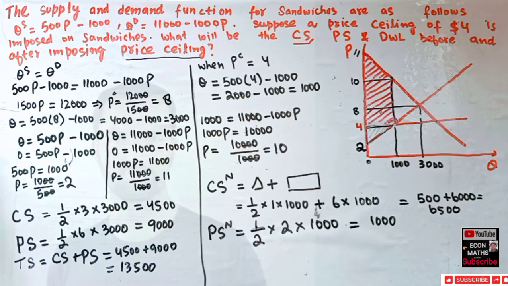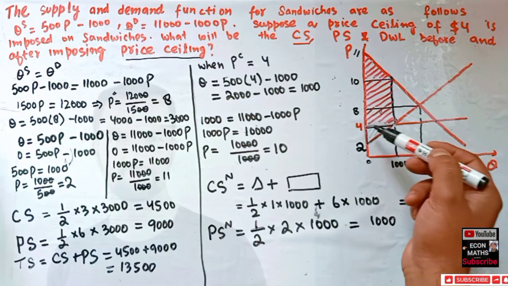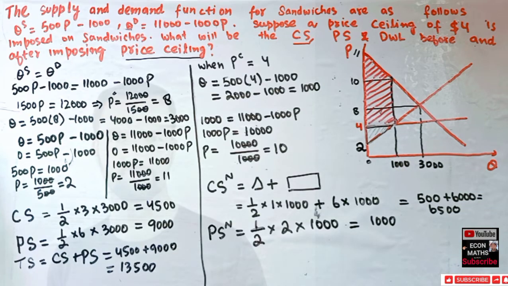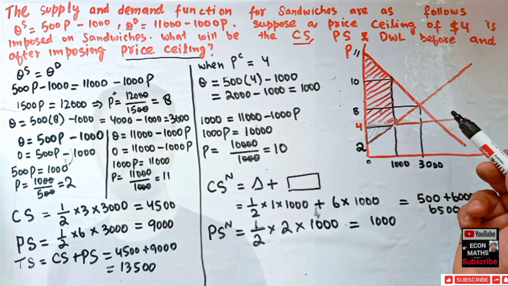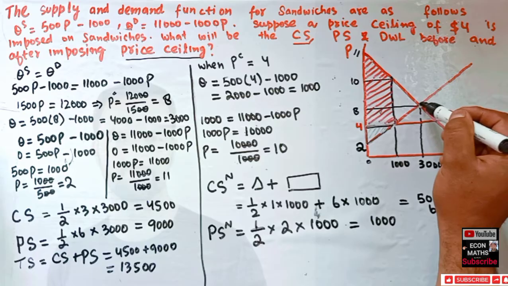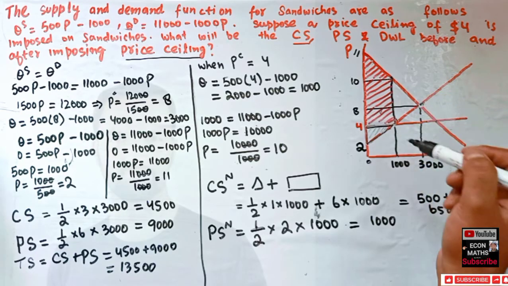Now what we have to do is find the deadweight loss. By deadweight loss, we mean the cost to society created by market inefficiency. So a price ceiling or price floor are cases of market inefficiency, which occurs when supply and demand are out of equilibrium. Here we can see that when we were at equilibrium, there was no deadweight loss.